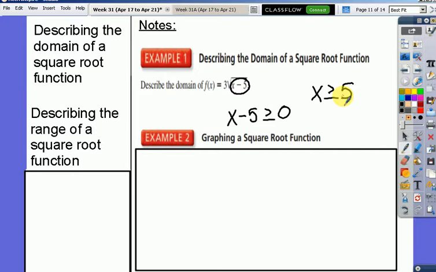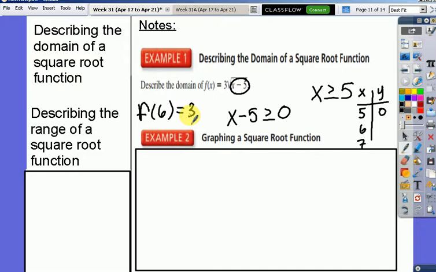So in other words, when I start to graph this on my t-chart, for example, since it has to be greater than or equal to 5, I can plot 5 and see what I get. I get 0. I can plot 6, 7, etc. and solve for my y. Does that make sense? Or my f of x in this case. So when I plug in 6, I get 6 minus 5, which is 1. 1 times 3 is 3.